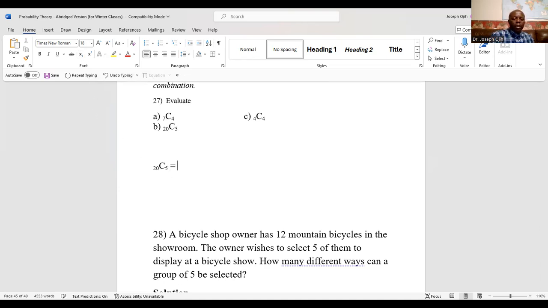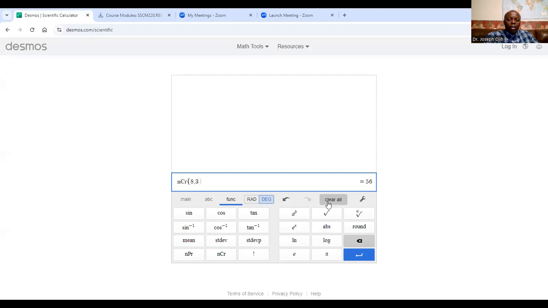Evaluate this using the calculator. This is 20 combination 5. Clear it. Click on the combination key, nCr 20, 5. Give me 15,504.